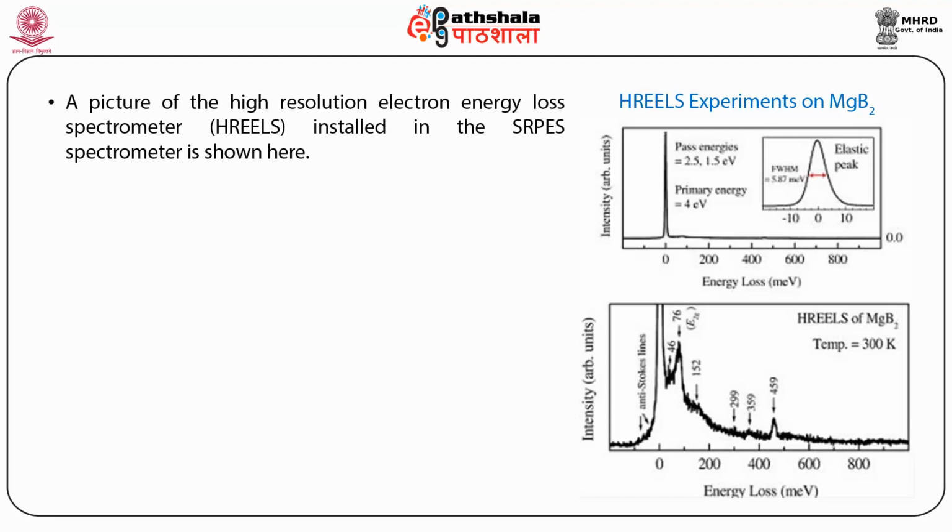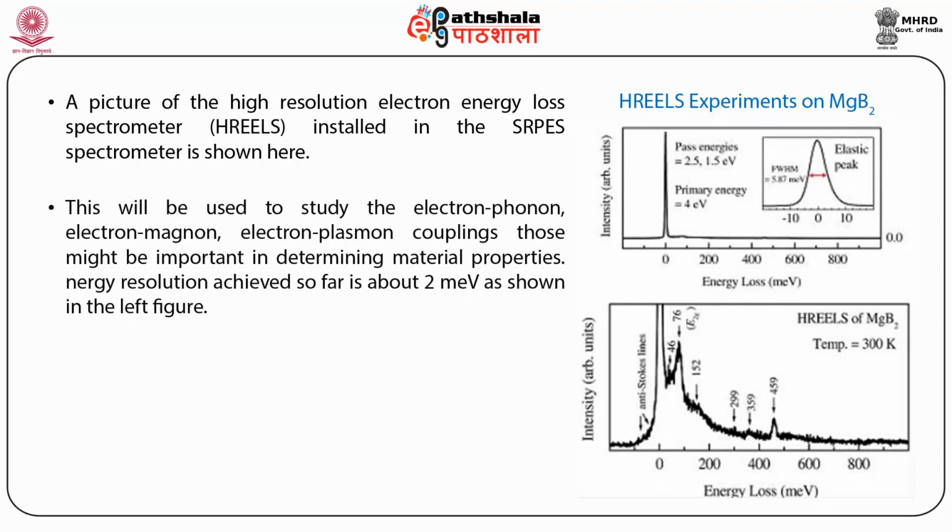A picture of the high resolution electron energy loss spectrometer installed in the SRPES spectrometer is shown here. This will be used to study the electron-phonon, electron-magnon, and electron-plasmon coupling. Those might be important in determining material properties.